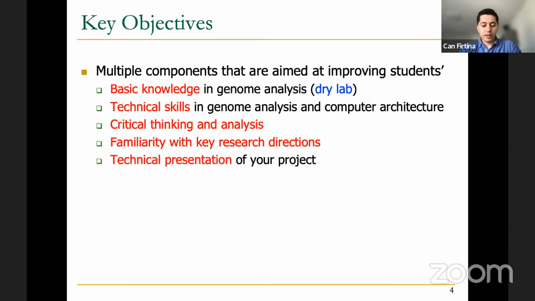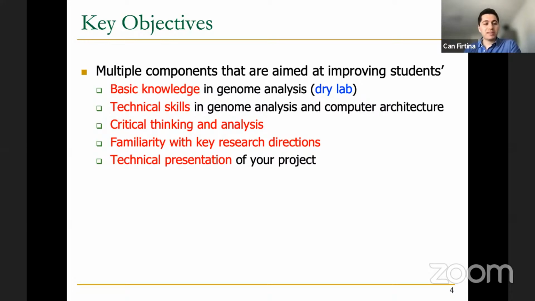What I mean by genome analysis, you shouldn't imagine something in the wet lab, meaning you're not going to be dealing with real samples, such as a blood sample or something else, but you're going to be dealing with the computational problems in genome analysis, which we call the dry lab. So you're going to get familiar with the basic knowledge in genome analysis. This is one aspect that you're going to hopefully improve throughout this course.